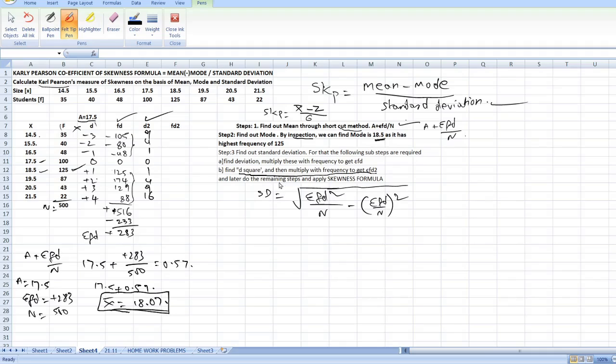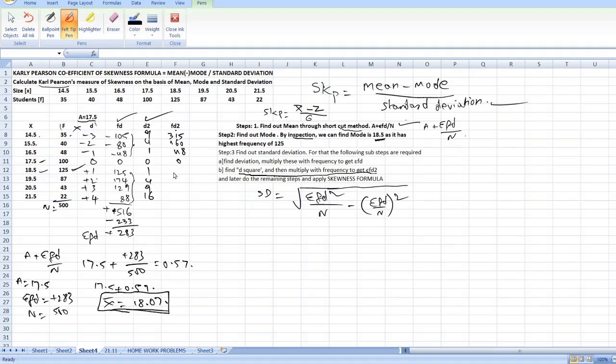So 35 into 9 comes to 315. In the same way, 40 into 4 comes to 160. And one important thing is, when you want to find out d square and fd square, you have to ignore pluses and minuses.